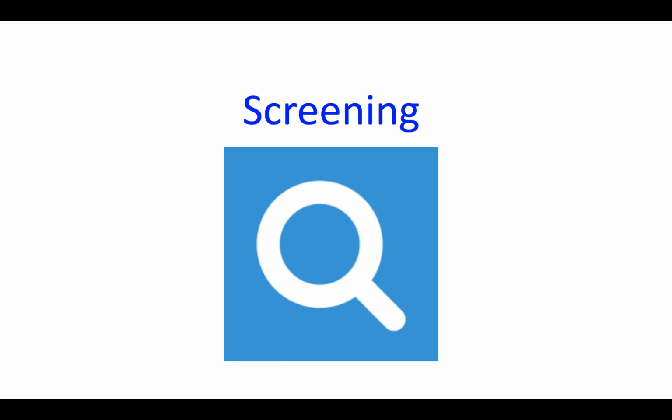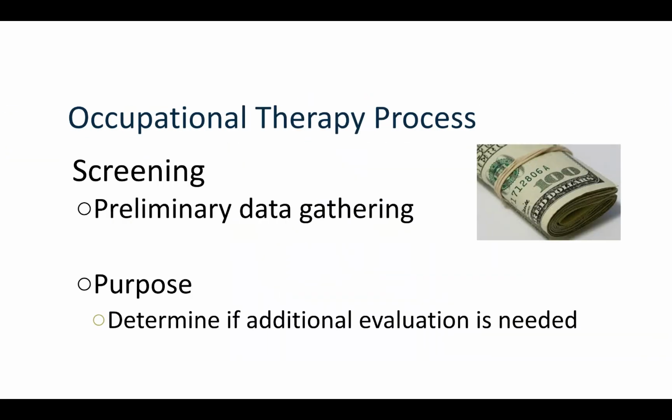Okay. So the first part of what we do during the OT process is sometimes a screening process. What we do is we receive the referral and we take preliminary data and gather that information in order to determine if an additional or thorough evaluation is needed.